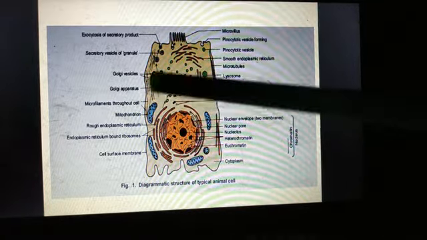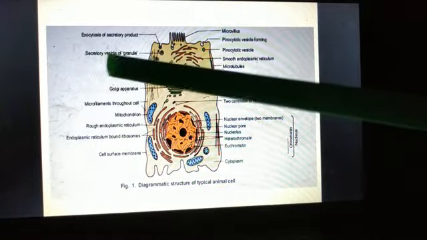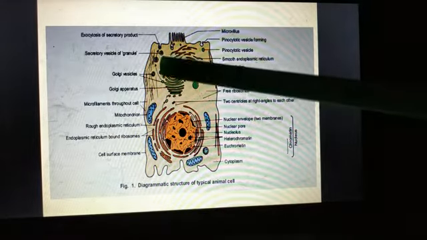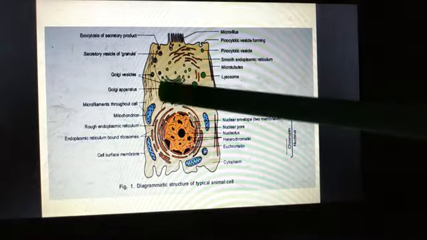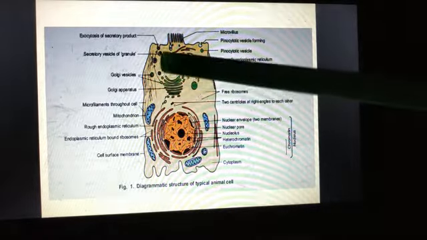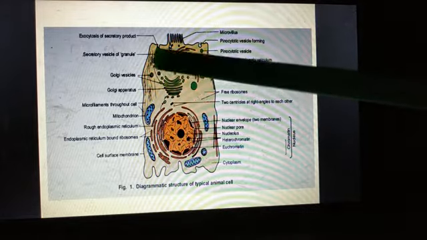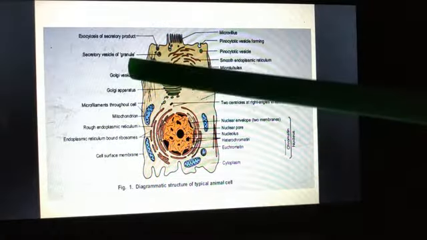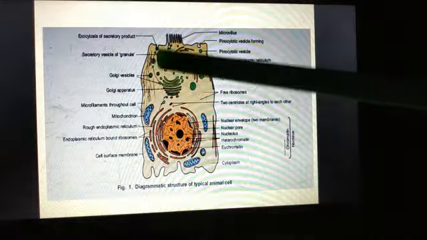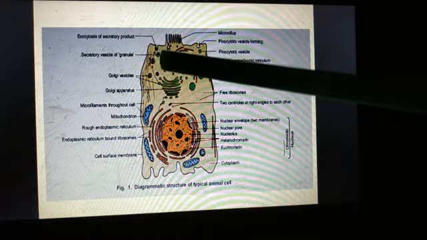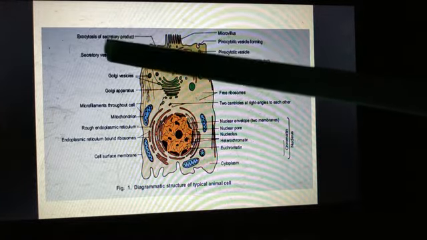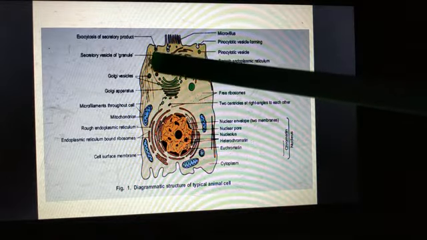Now we have certain vesicles like secretory vesicles, these small vesicles. They help in transportation. They carry whatever component we need to take outside. This is exocytosis. Whatever we want to send outside the cell will be through exocytosis.